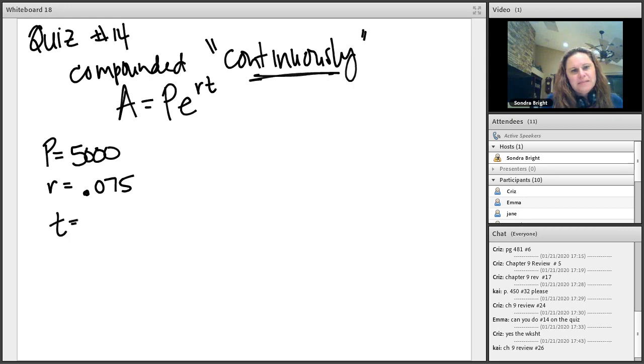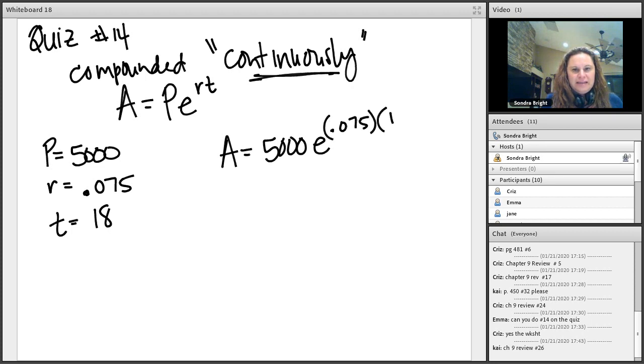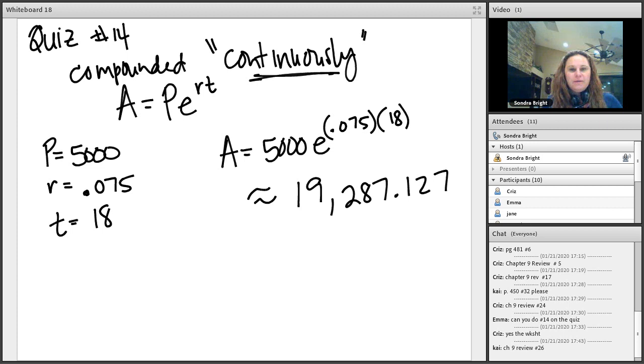And so that means in 18 years. Your t is 18. So you've got A is equal to 5,000 times e to the 0.075 times 18. Put that in your calculator. I got that it was about 19,287 and 1.2. Okay, sorry, I shouldn't have said dollars yet.